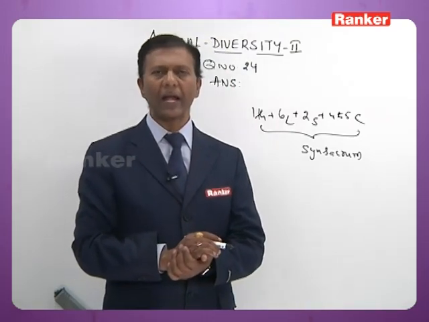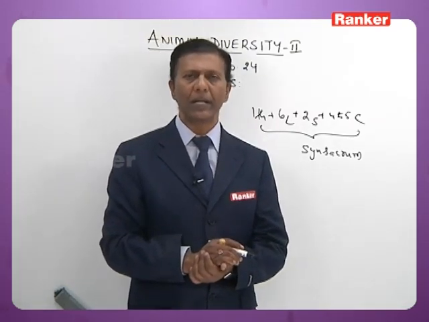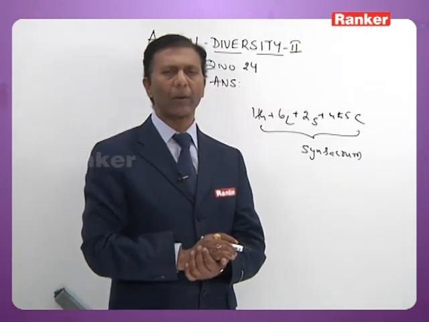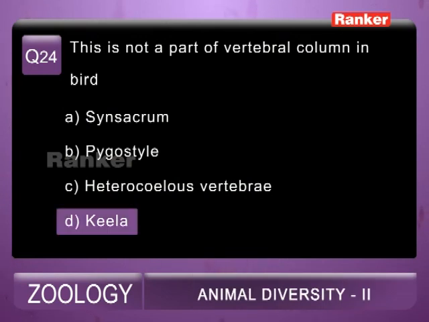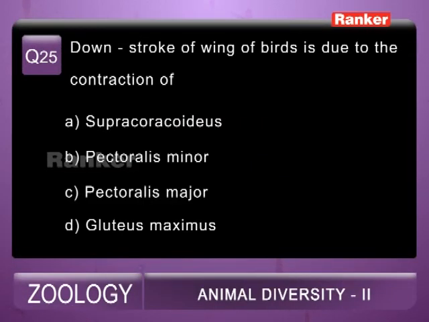The keel is a flat ridge-like structure present along the midventral surface of the sternum that provides a surface for the flight muscles. So, the 24th question's correct answer is D, keel, also called carina. Now, the 25th question.